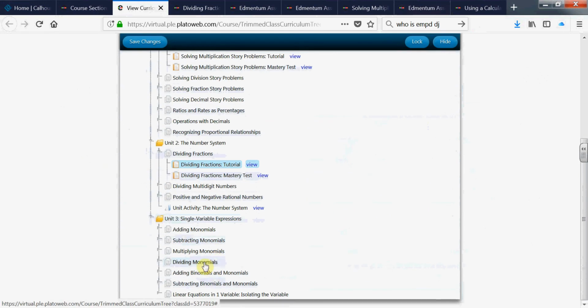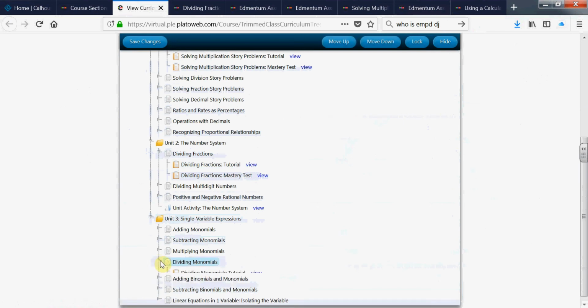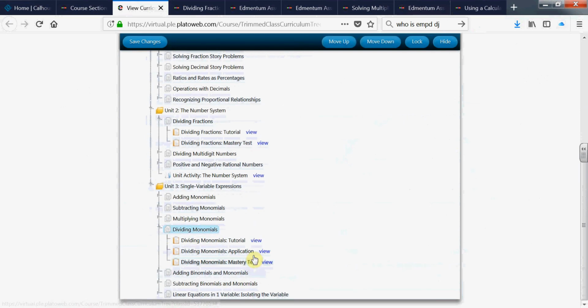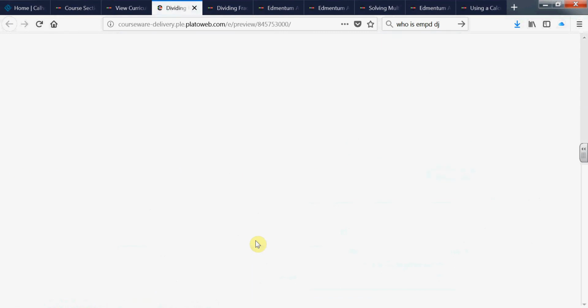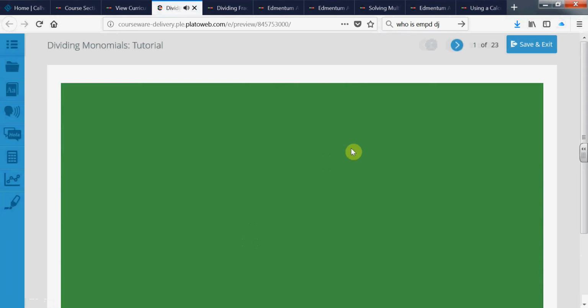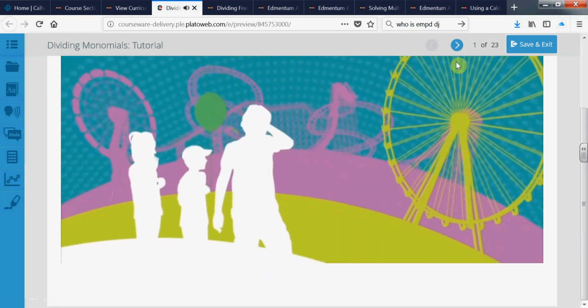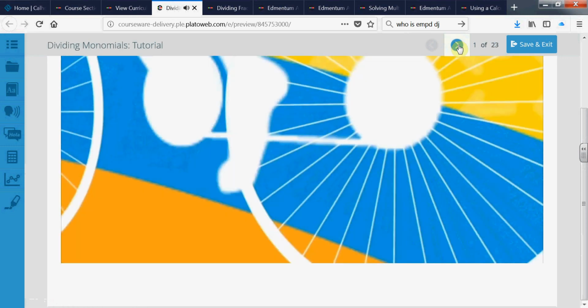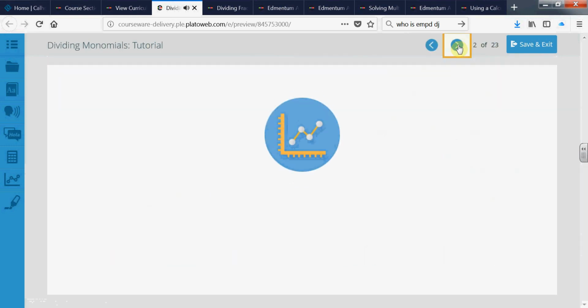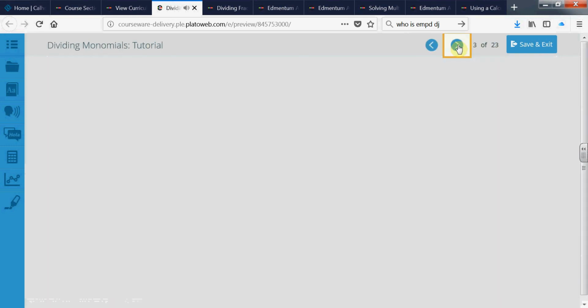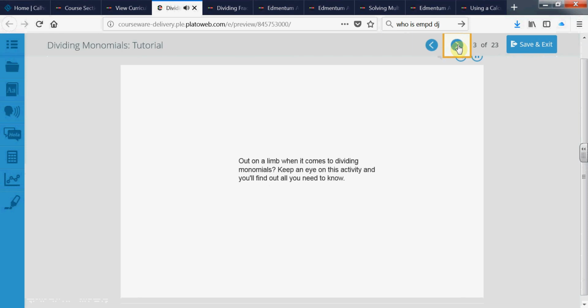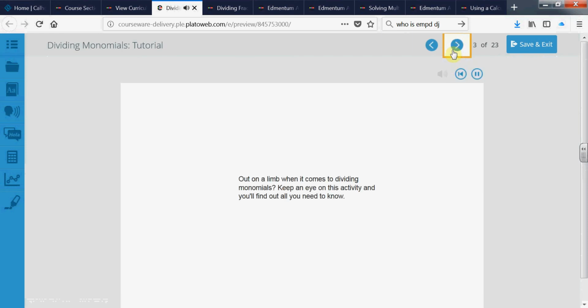If we go down to the last unit, Unit 3, out on a limb when it comes to dividing monomials? Keep an eye on this activity and you'll find out all you need to know.